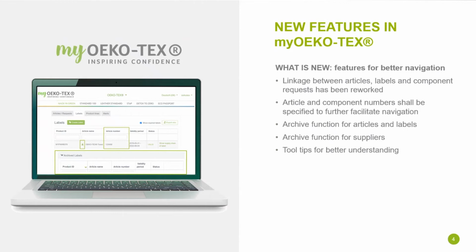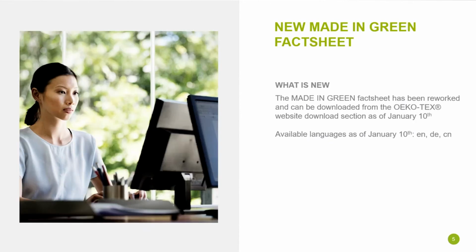Additionally, we have added different tooltips throughout the whole My OEKO-TEX platform for better understanding. Lastly, for Made in Green, we have also updated the fact sheet, and it can be downloaded on our website in English, German, and Chinese.